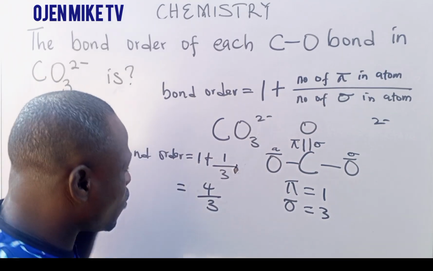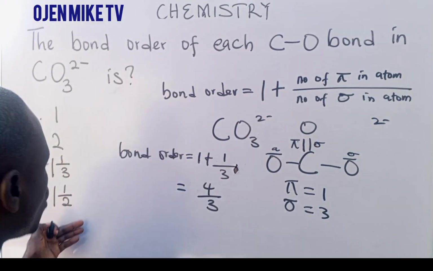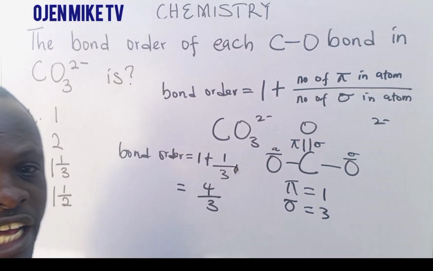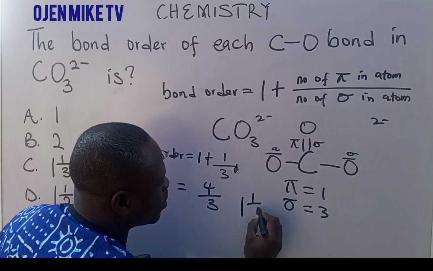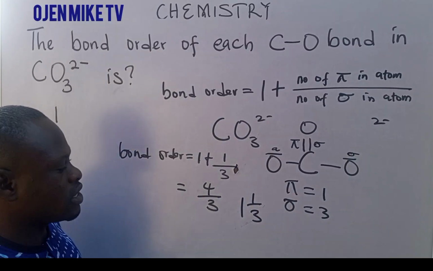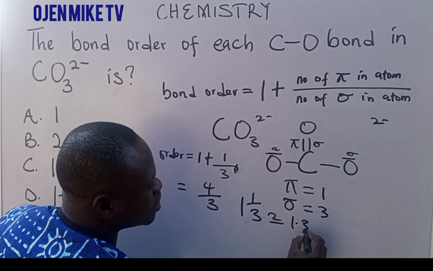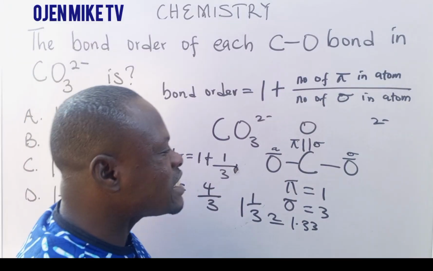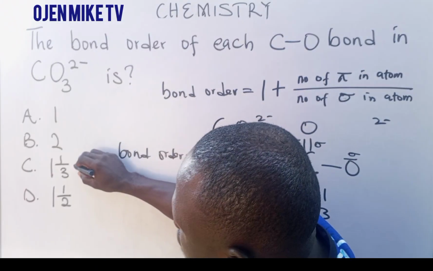Do you understand? 4 over 3. Looking at our options, the set does not carry this result, so let us express it as a mixed fraction. We have 1 whole number and 1 over 3, which is equivalent to 1.33. So that is the bond order of this polyatomic ion. That is our answer.